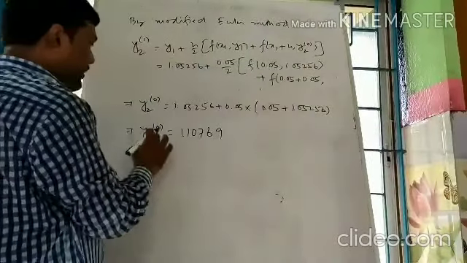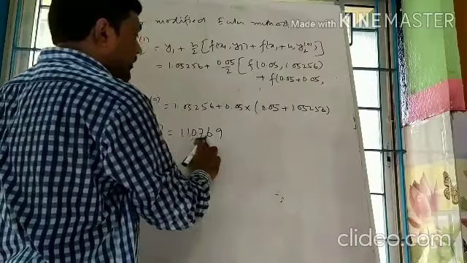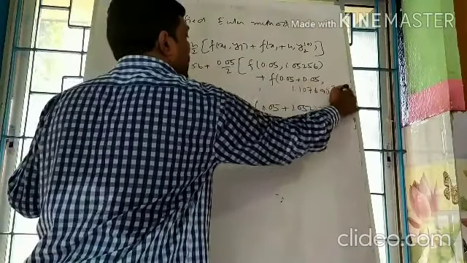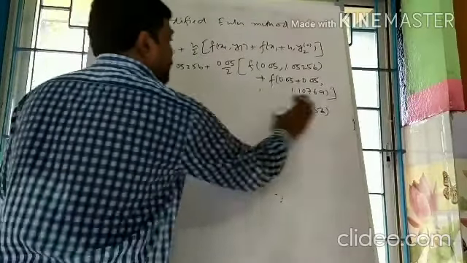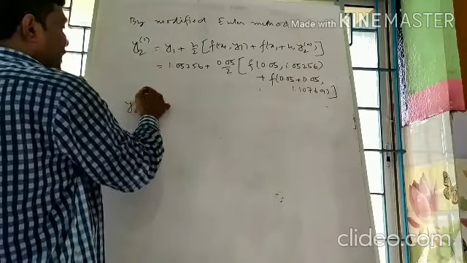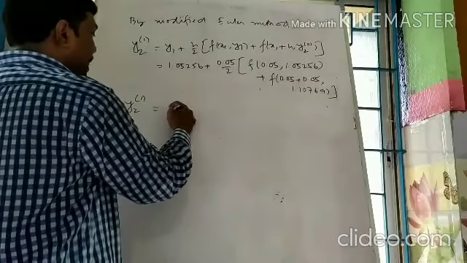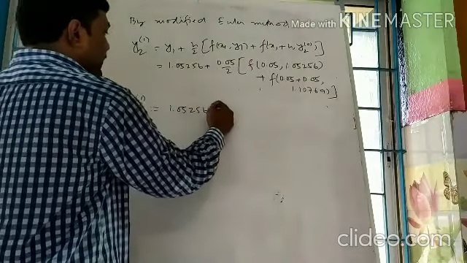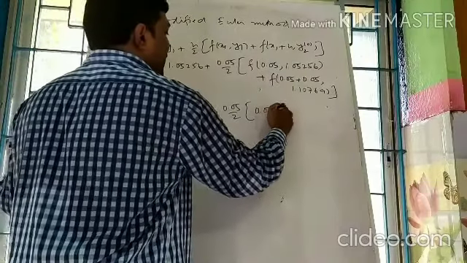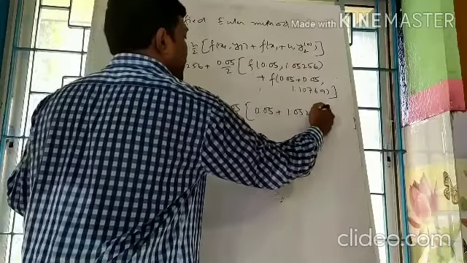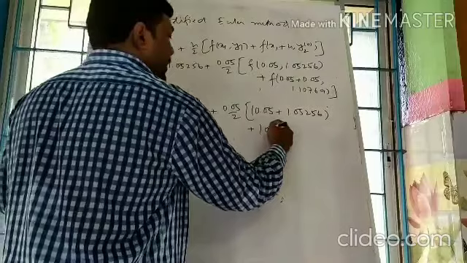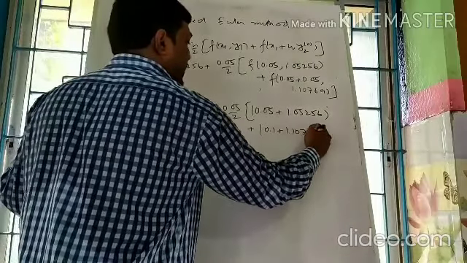Now y2 0 is 1.10769. Okay. So this equals y21, the first approximation of y21, equals 1.05256 plus 0.05 by 2 times 0.05 plus 1.05256, this is 0.1, plus 1.10769.